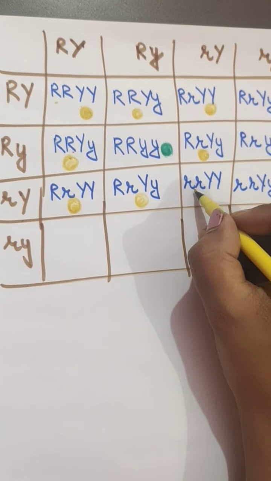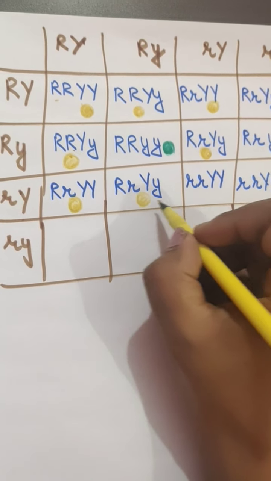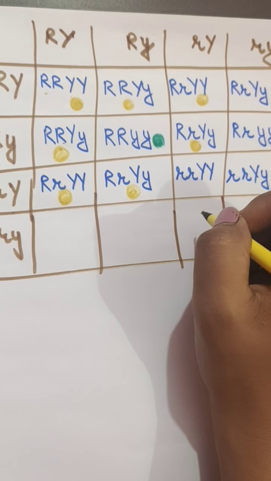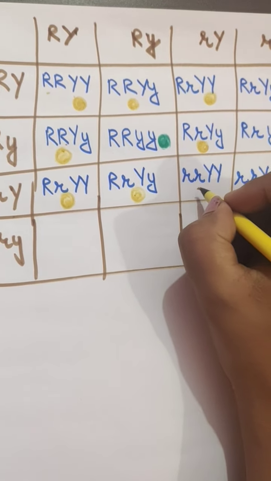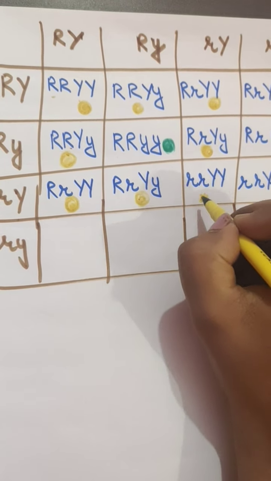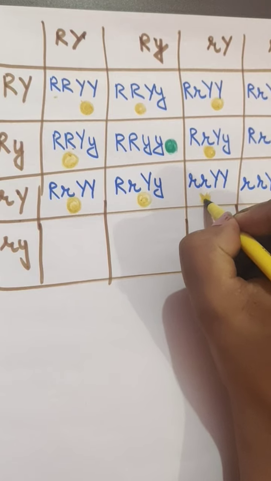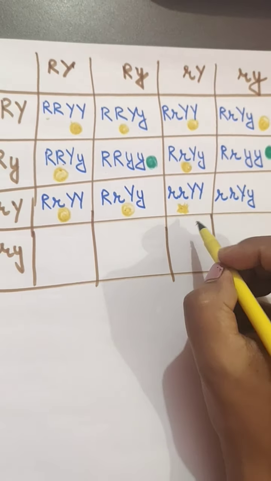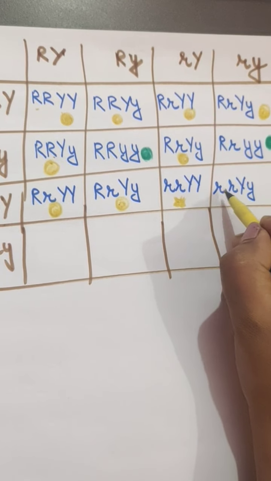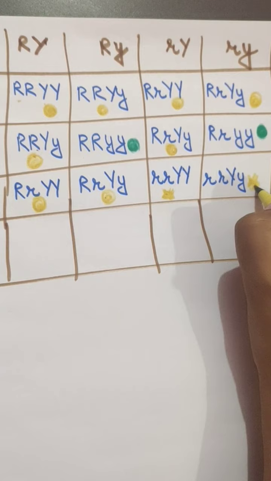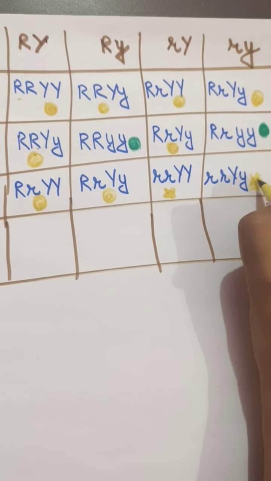And here the shape will be wrinkled, because the small r stands for wrinkled, so the seed will be wrinkled but the color will be yellow. Okay, it will be wrinkled seeds. Wrinkled but yellow.